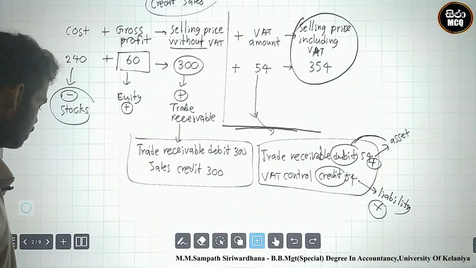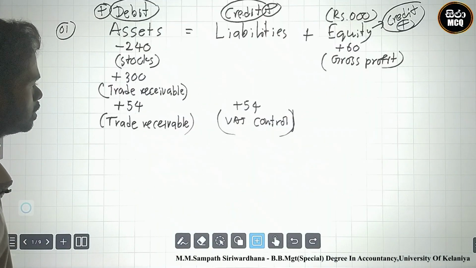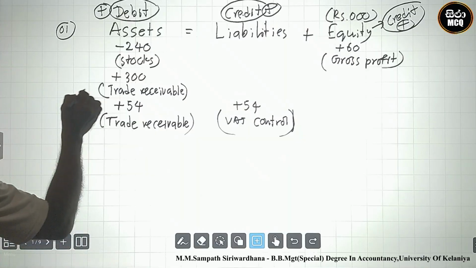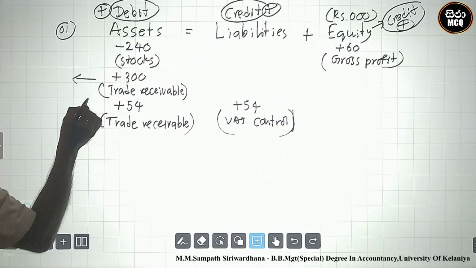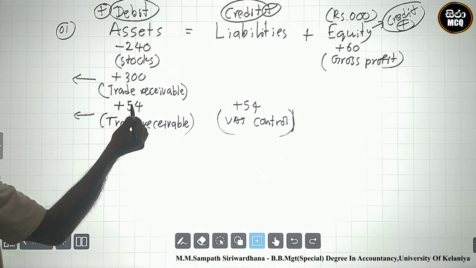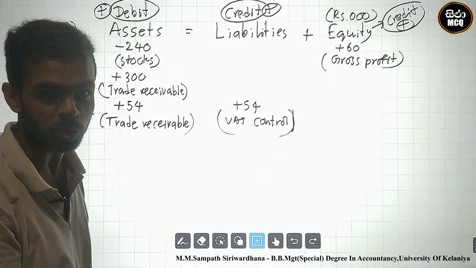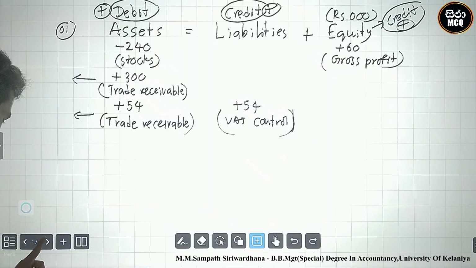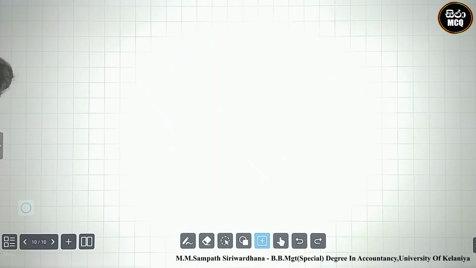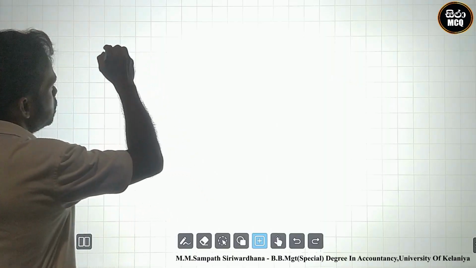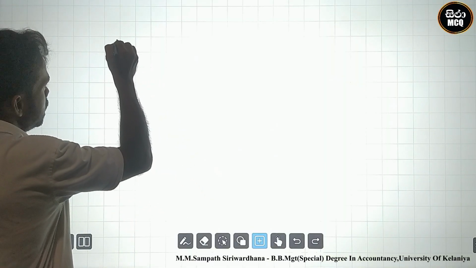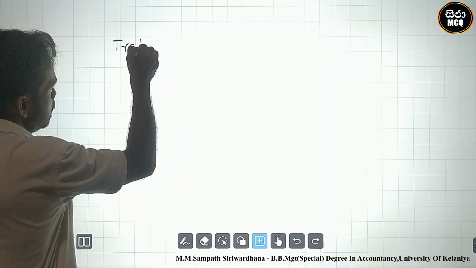Look here, this impact for the equation: there are trade receivable, there are two shorts. Trade receivable, we must collect the biscuit amount and VAT amount, both.